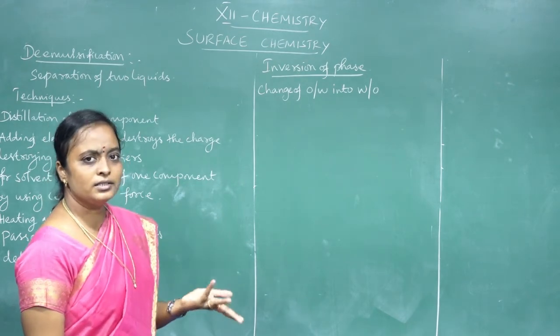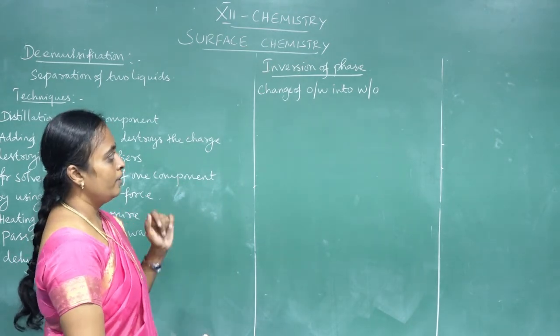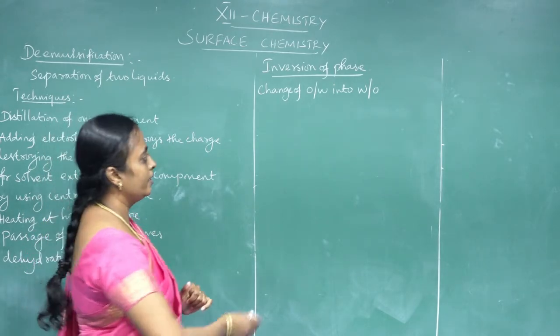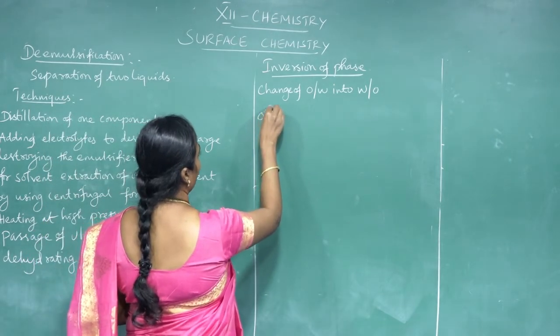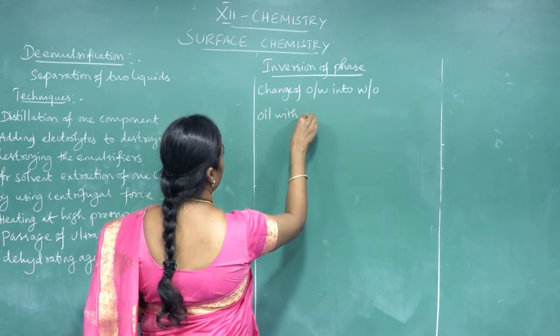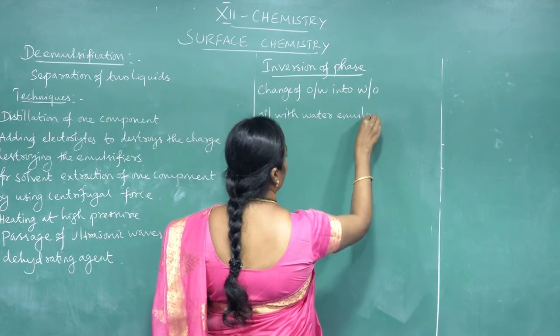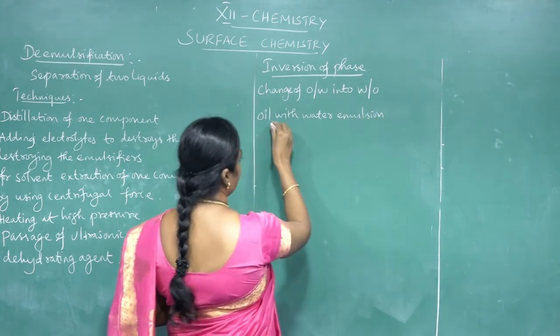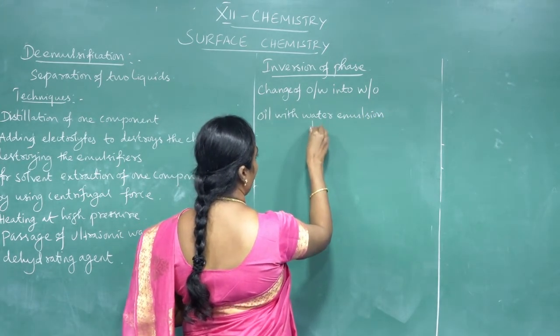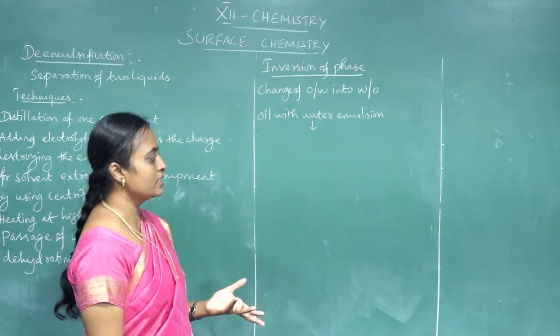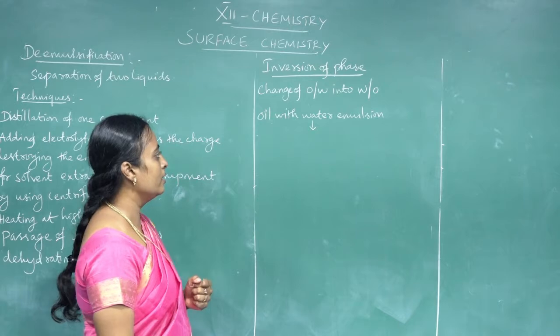How can you change the phase? Let me take an example of the oil in water type. In an oil in water emulsion, we know that to give stability, definitely we should add an emulsifier.